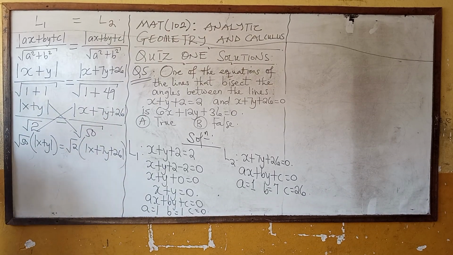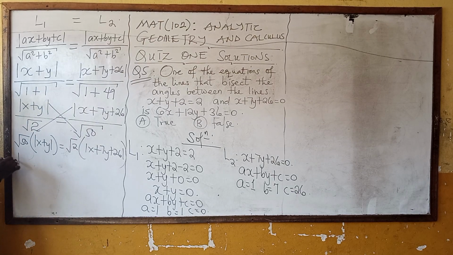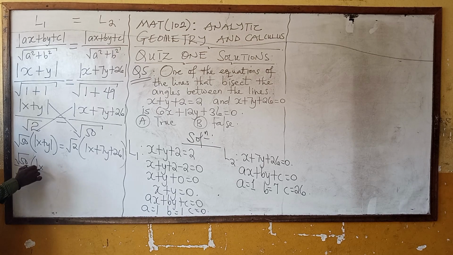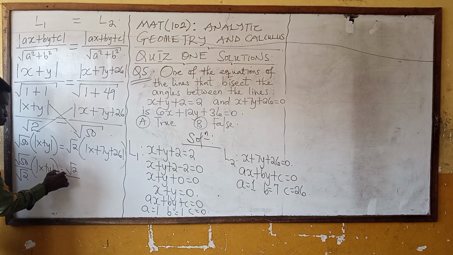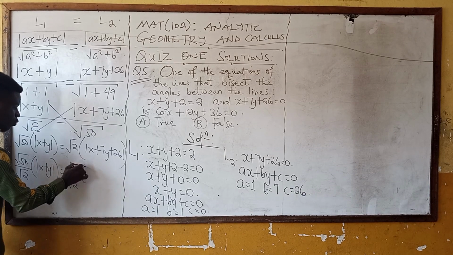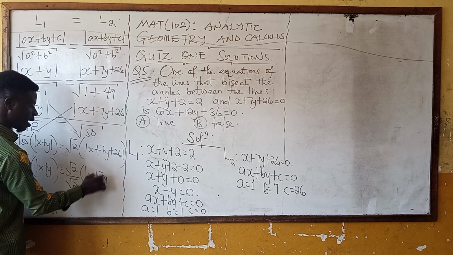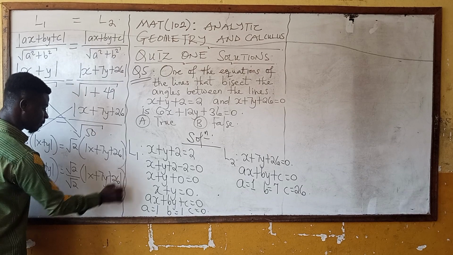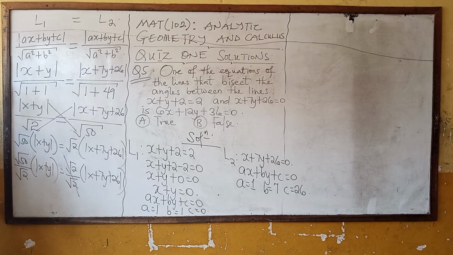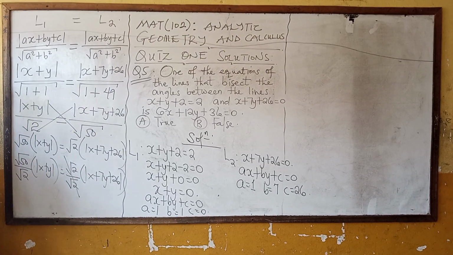So now we can divide both sides by square root of 2 here. So I have square root of 50 divided by square root of 2, then the absolute of x plus y, equals square root of 2 divided by square root of 2, the absolute of x plus 7y plus 26. We have that. So this one, you take it off, right?